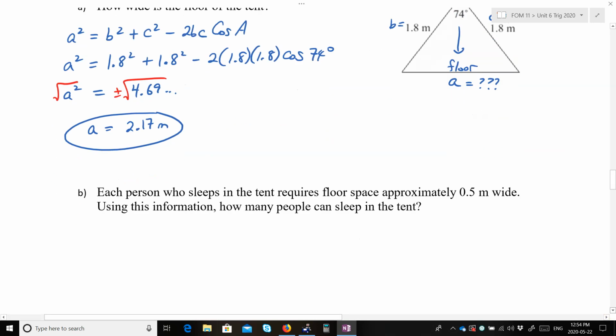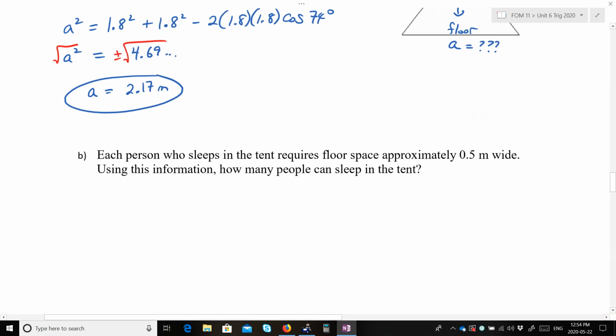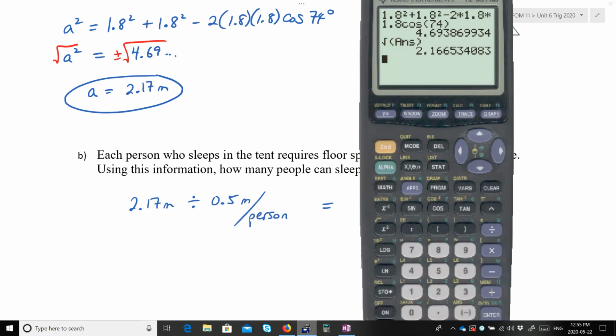Each person who sleeps in the tent requires floor space approximately 0.5 meters wide. Using this information, how many people can sleep in the tent? 2.17 meters divided by each person needs 0.5 meters per person, which means 2.17 divided by 0.5, 4.34.